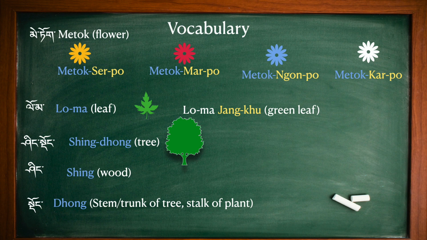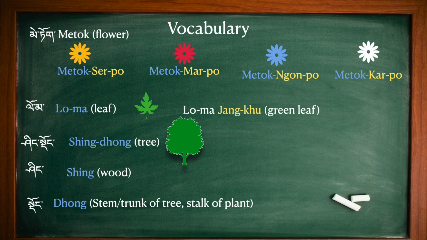Shing in itself means wood. Dong in Tibetan means stem or trunk of tree or stalk of plant. So dong with its article is dongpo. So shingdong together means a tree.